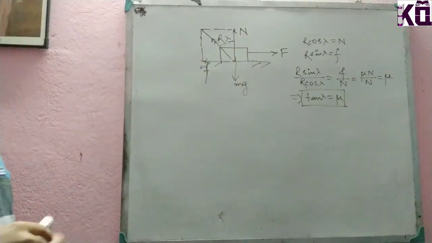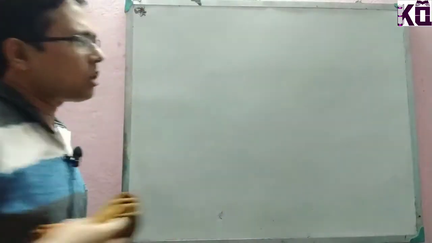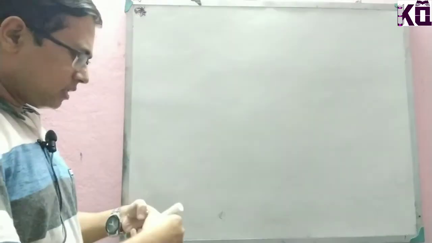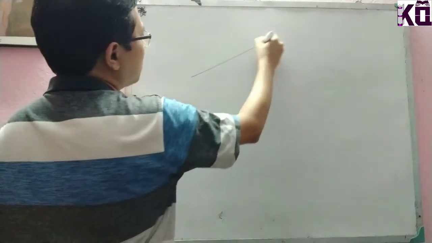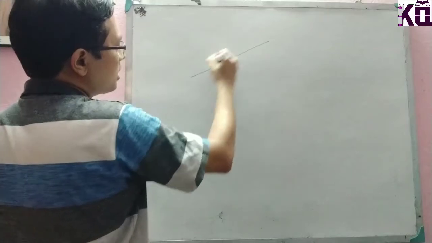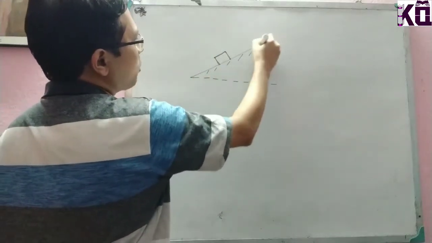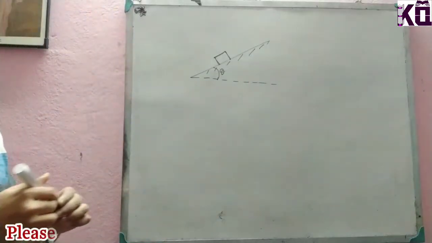Now we come to a special case. Initially the object is on a horizontal plane. Now suppose the block is on a plane that is not horizontal but makes an angle theta with the horizontal.